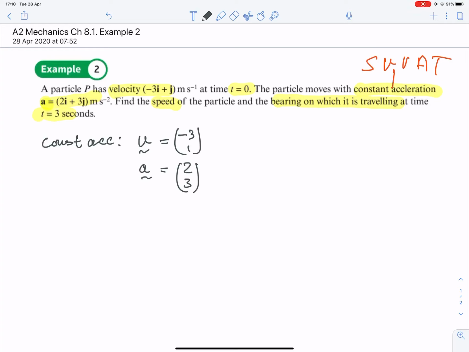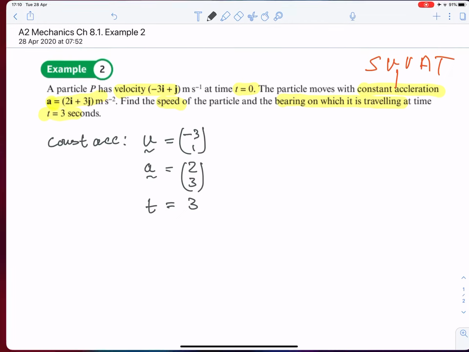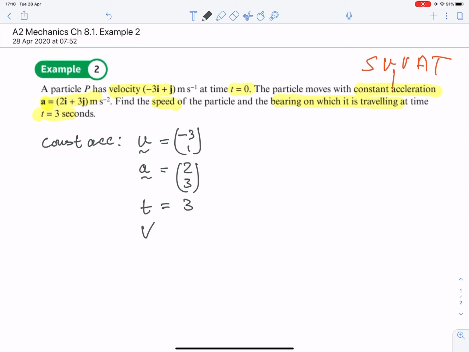Find the speed of the particle when it's travelling at t is equal to 3. And we want the speed at that time. Well, before we can get to the speed, we've got to work out the velocity. So we need v so we can find speed later.